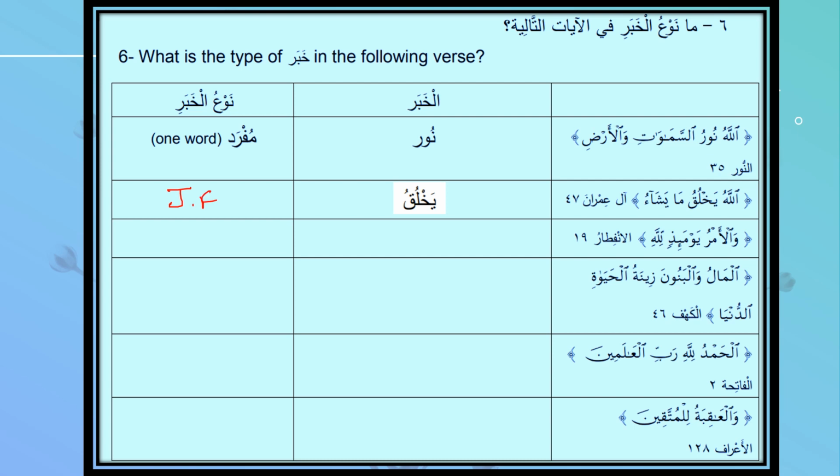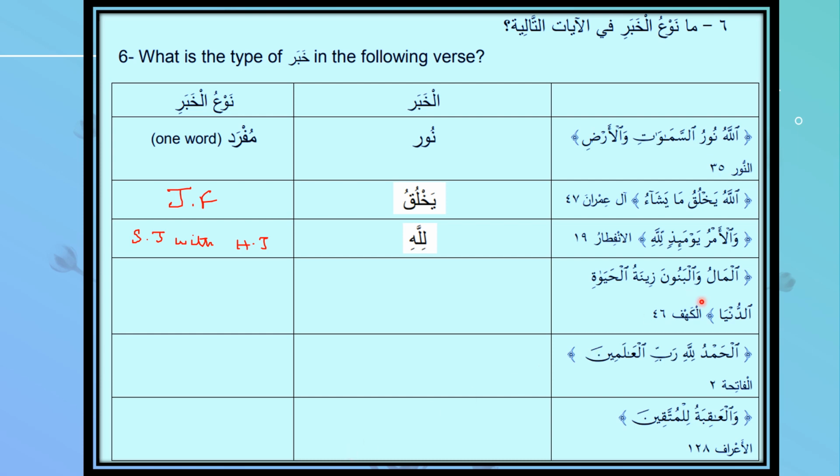And then the next one is al-amru yawma idhin lillah. So what is the khabar here? Let's check. Lillah is the khabar, and what type of khabar is this? This is shibh jumla with harf jar. So you need to write shibh jumla with harf jar.